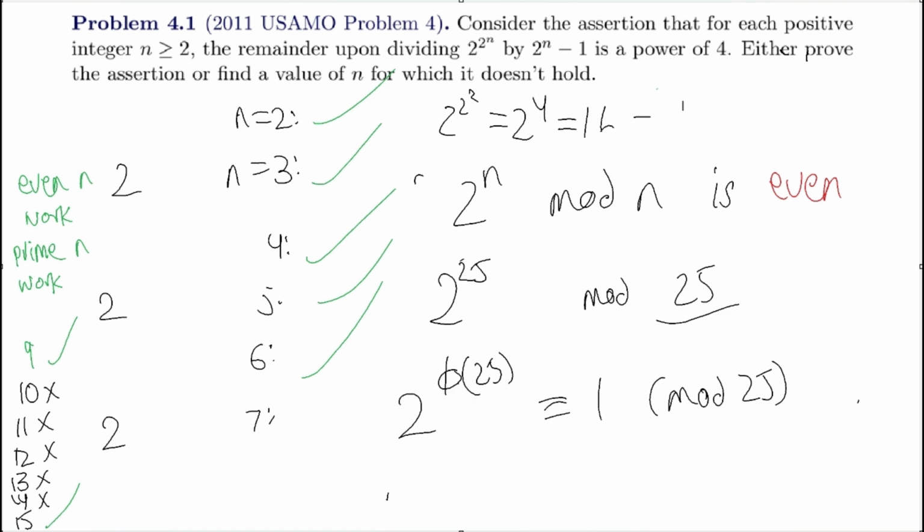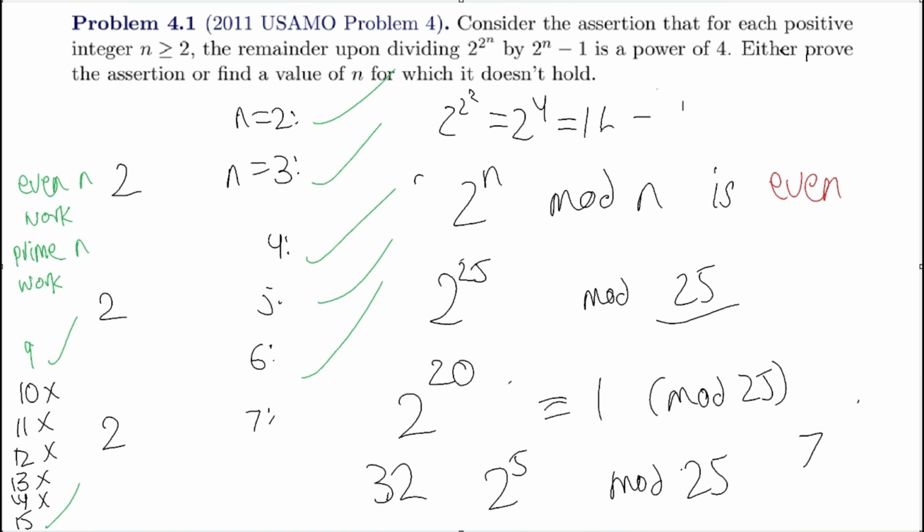So therefore, this means that 2 to the power of 20 is equivalent to 1. So we can just remove the 20 from this 25 here, and we get 2 to the 5 mod 25. Now 2 to the 5 is really easy to compute, so that's 32. And we want to now just compute 32 mod 25, but wait, that's 7.